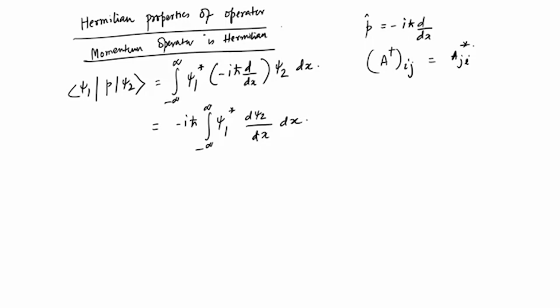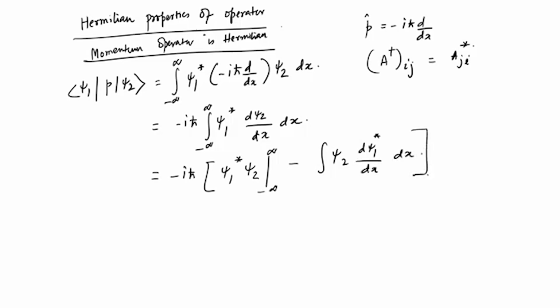So, now how do we evaluate this integral? We can do it by using integration by parts. That gives us minus i h cross times [psi 1 star psi 2 from minus infinity to plus infinity, minus the integral of psi 2 d psi 1 star dx dx]. So, you take psi 1 star as the first function and d psi 2 dx as the second function.